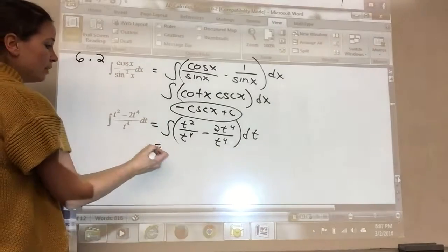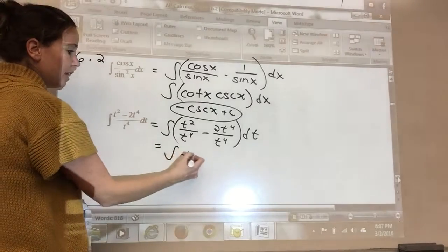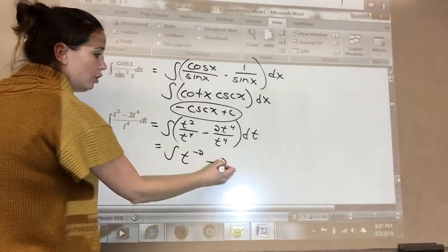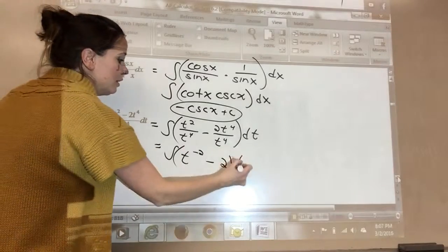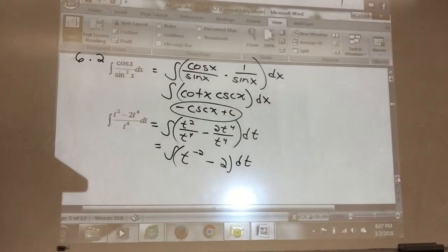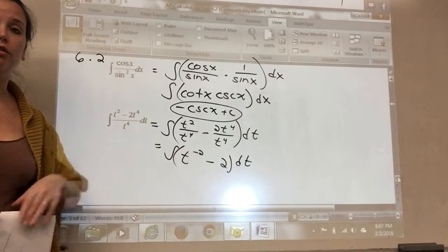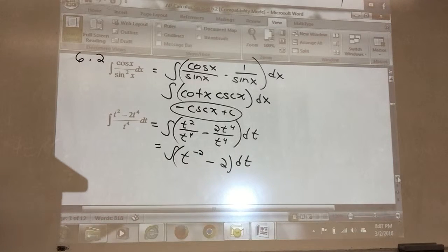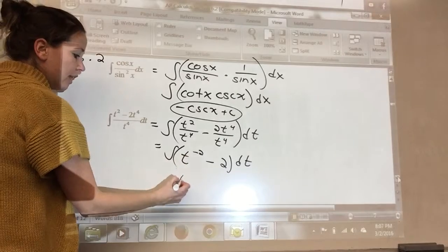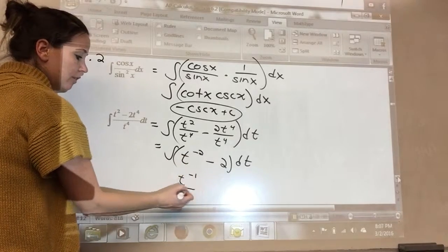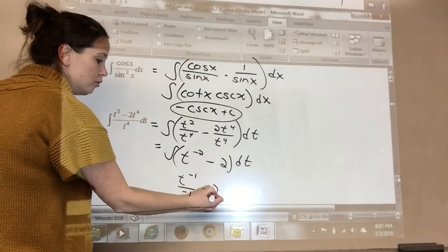Okay, so let's reduce this thing before we get started. So that's going to get me t to the negative 2 minus 2, right? And that's still dt. And now that we have this, you should all be okay with taking the integral. So go ahead and take the integral for that last step. Okay? So for this one, if I add 1, that gets me t to the negative 1, divide by negative 1, minus 2.